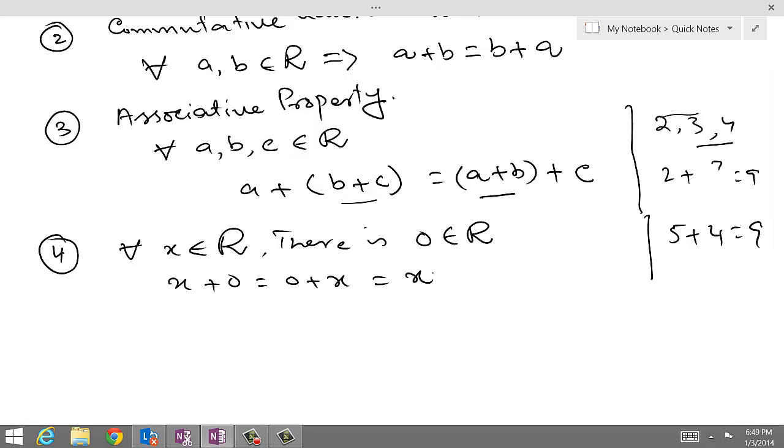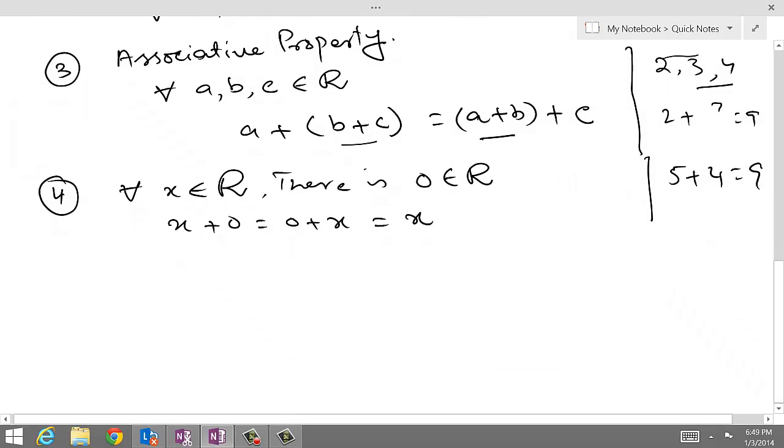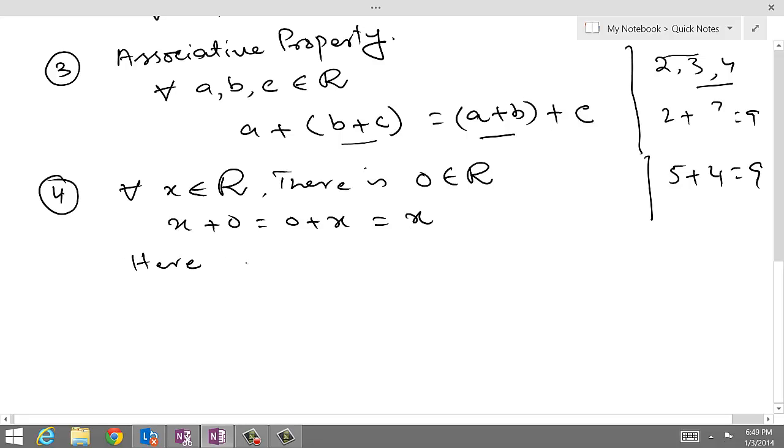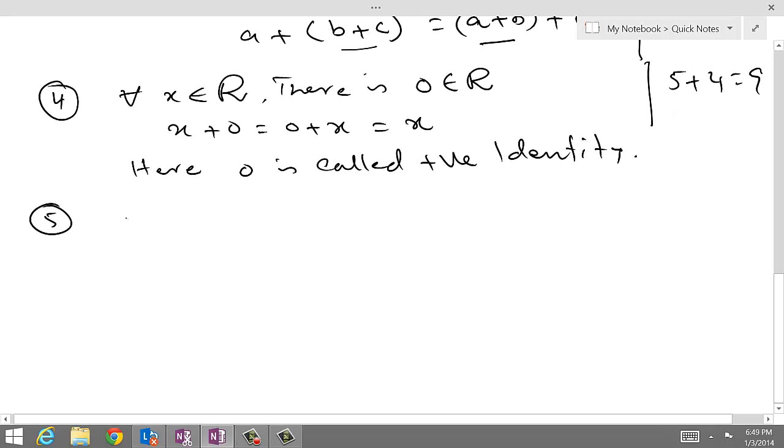So this 0 is a very special real number and it's called the additive identity. Here 0 is called the additive identity.